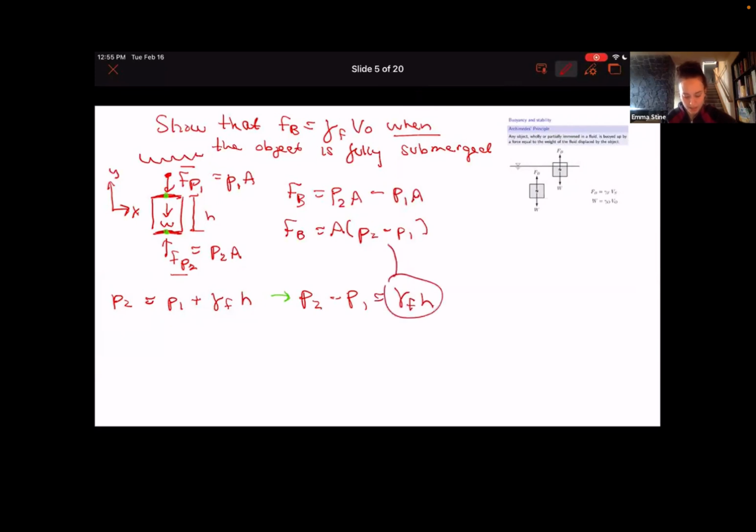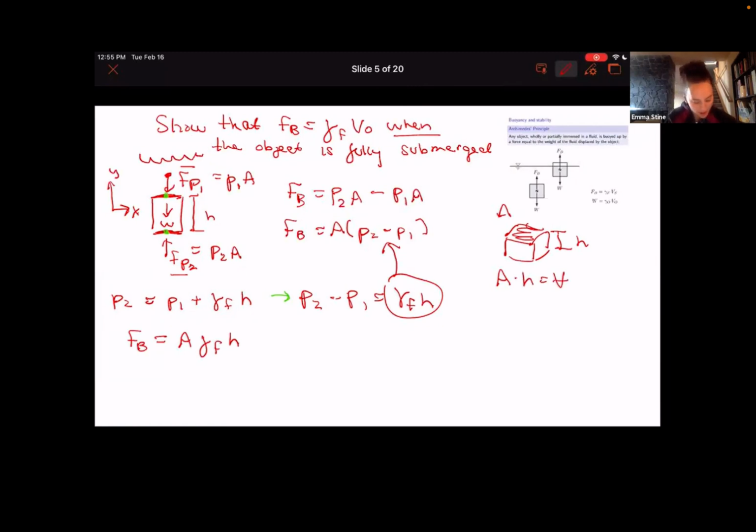So we're going to substitute this into here and get that force buoyancy equals area times specific weight of fluid times height. You guys probably know this, but if we're looking at a cube, and this is the area, and this is the height, area times height equals volume.